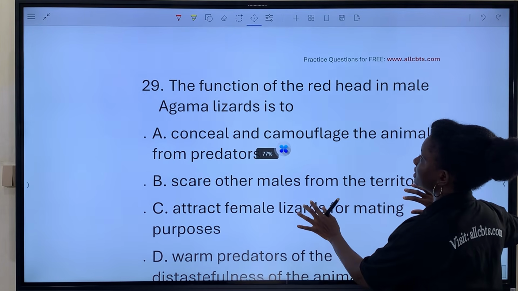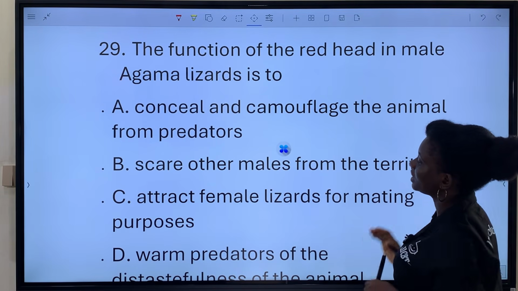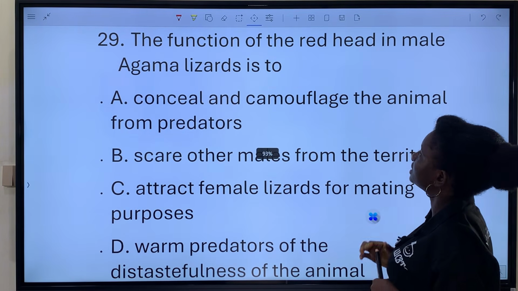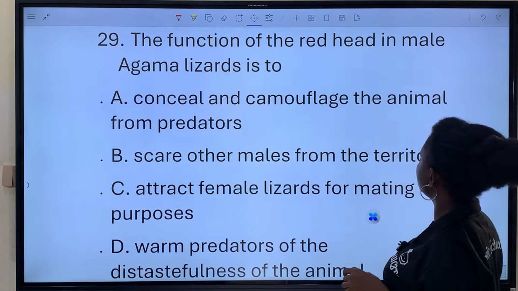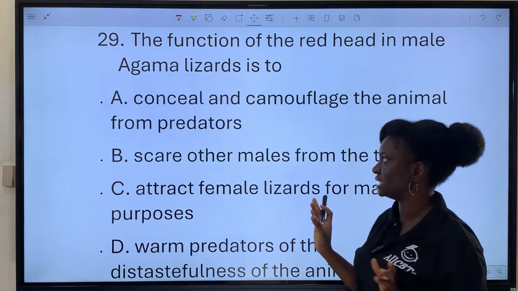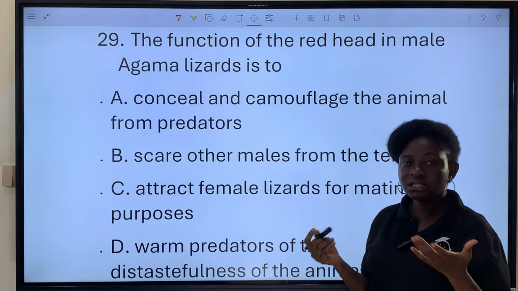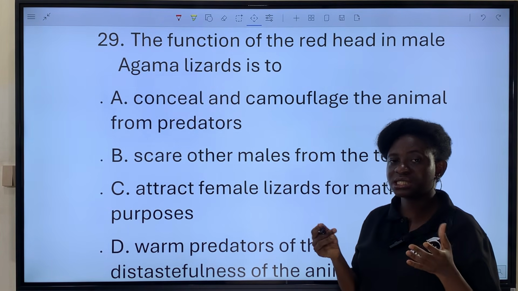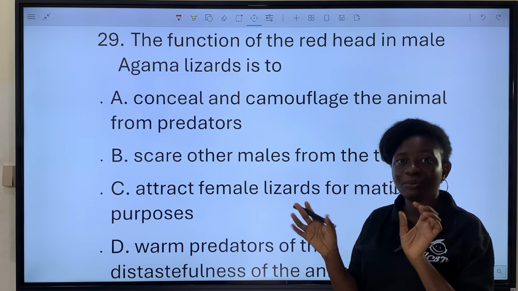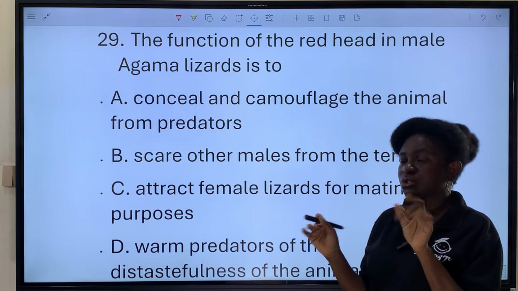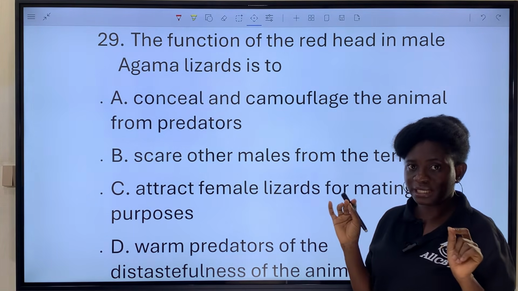Question 29. The function of the red head in male Agama lizard is, so they are asking if you are familiar with the Agama lizard. You see that they have a red head. So what is the function of that red head?